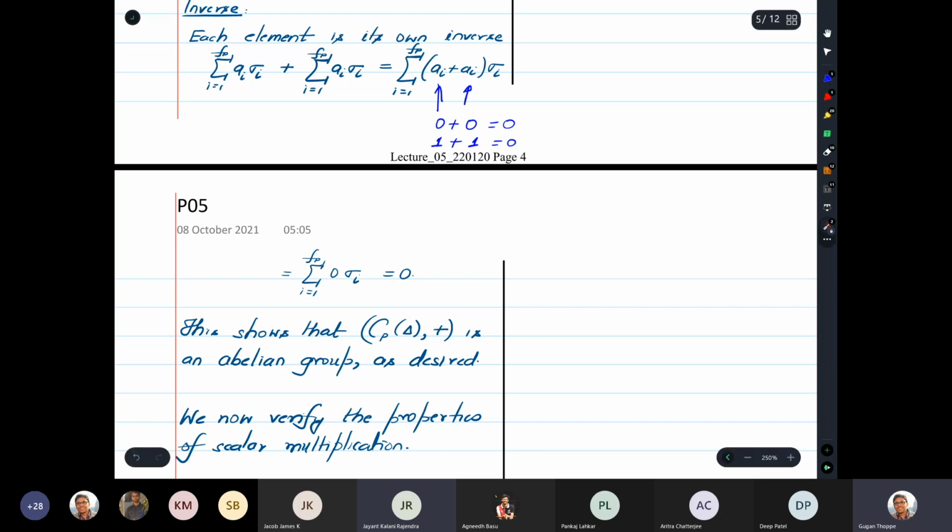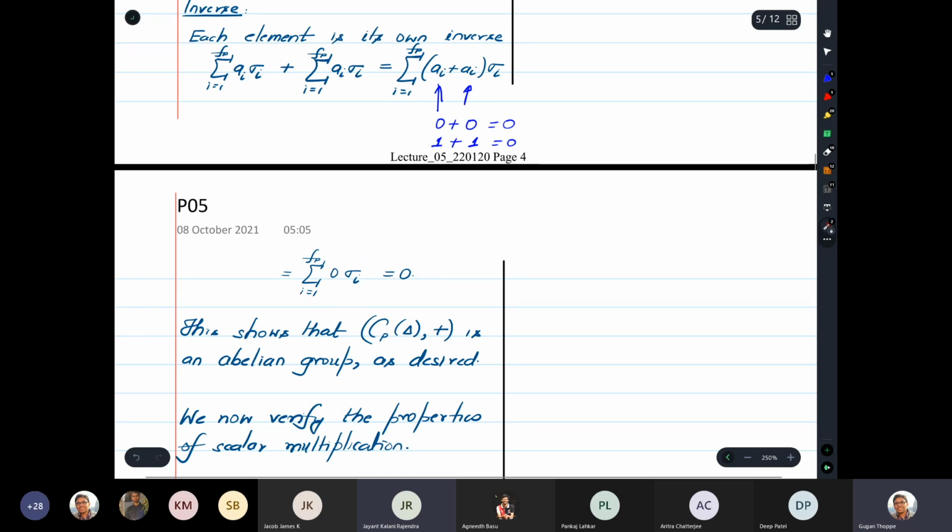So because of this, ai plus ai, whatever ai is, will always be 0. So this will result in summation 0 sigma i, which we have identified as the identity element. So this equals 0.